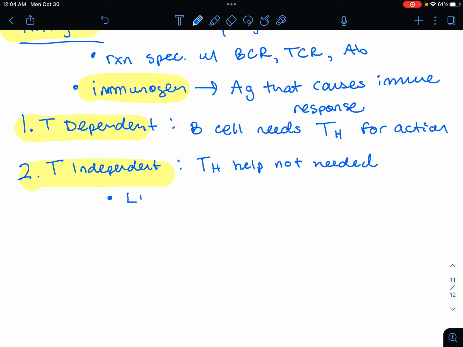Specifically, an example would be the lipopolysaccharide found in gram-negative bacteria outer membranes and the molecules with repeating subunits. Specifically, carbs. These are going to be enough of a red flag for the adaptive immunity system and the B cells to go, hey, we don't need the T cells' help in this. We know that there's something up because we're gram-negatives doing this area of the body.